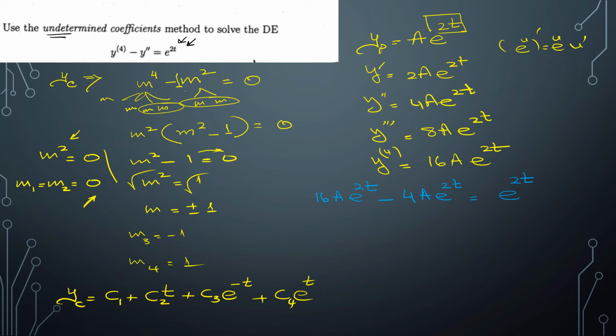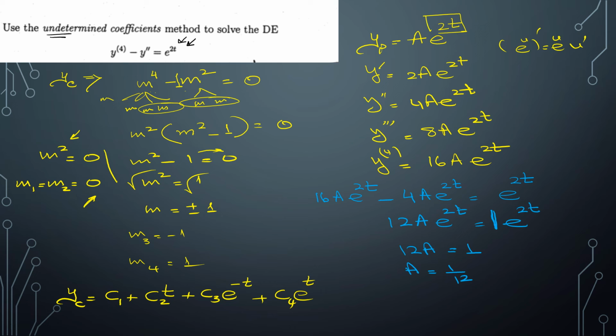Now 16a minus 4a gives me 12a e to the power of 2t equals e to the power of 2t, which means that 12a equals 1. Don't forget the coefficient: it is 1, because here there is no number, which means 1. So a equals 1 over 12.